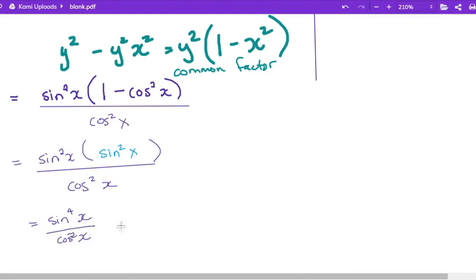Folks, when you started this course, did you know that you were going to be writing sine to the power of 4? Probably not. It probably didn't enter the realm of your imagination. All right, are we good? Can I stop?